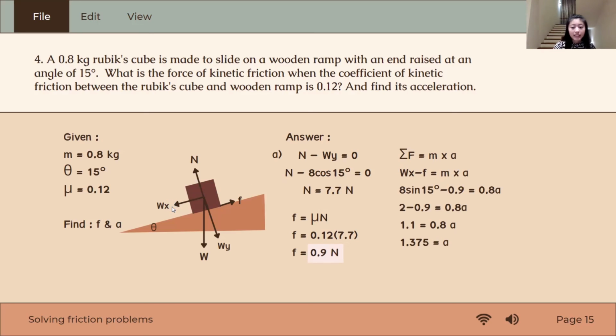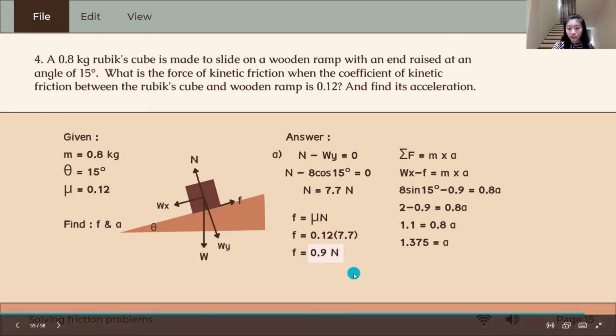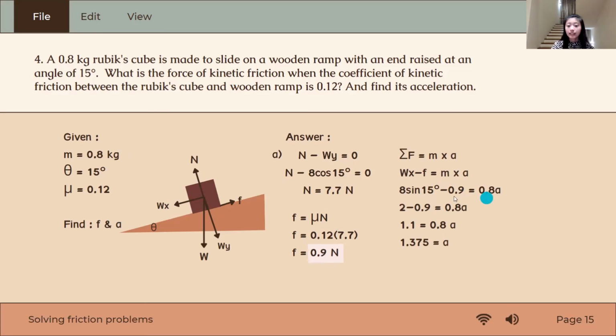The x component is 8 sin 15 degrees, minus 0.9 that we found earlier, equals the mass 0.8 times A. 8 sin 15 degrees is 2.